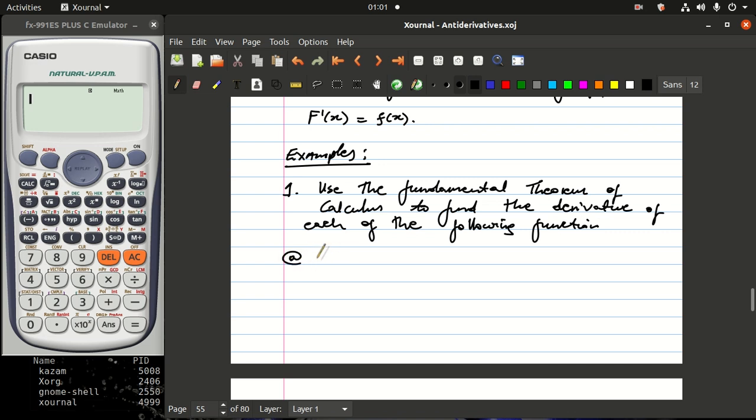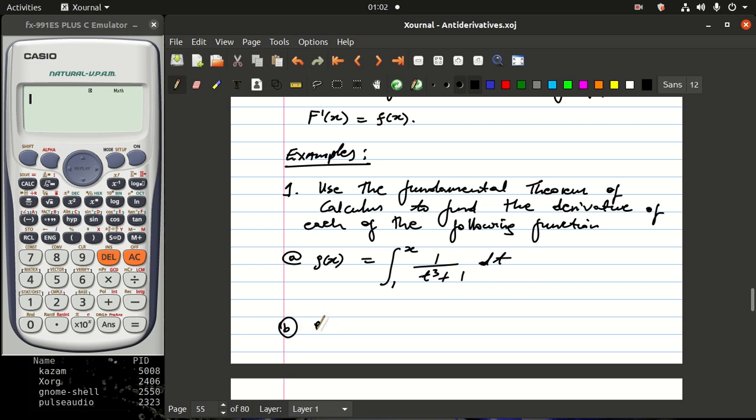A is given as g of x, and g of x is the integral from 1 to x of 1 over t cubed plus 1, dt.